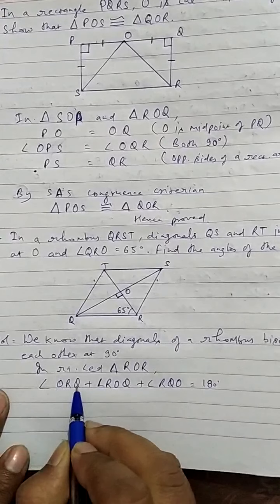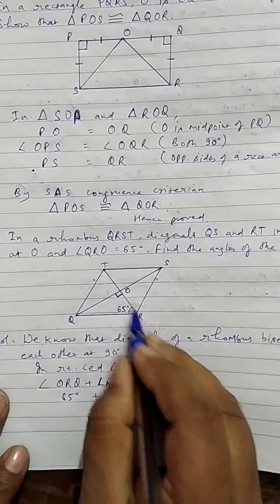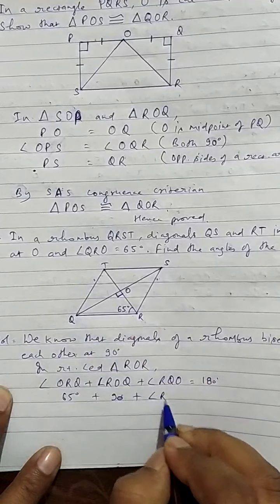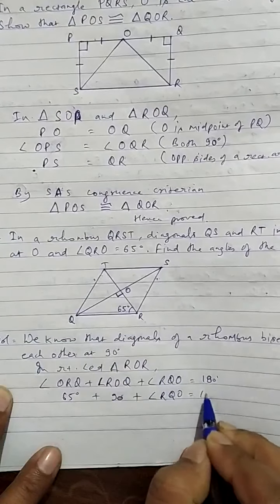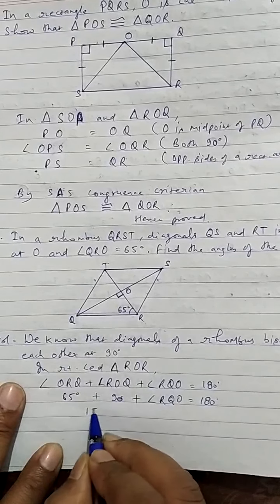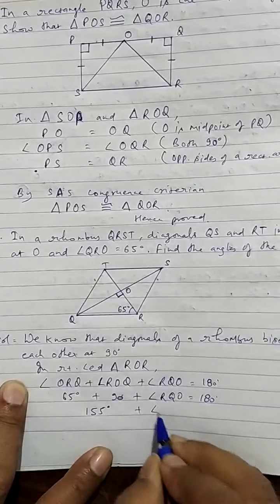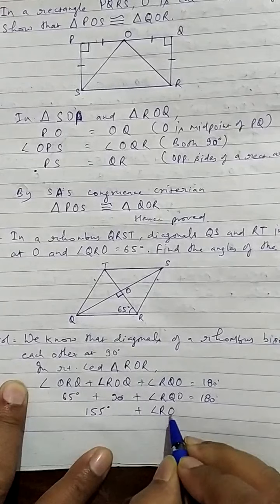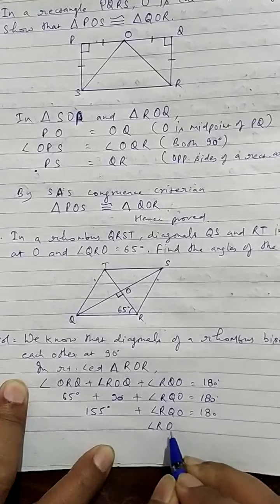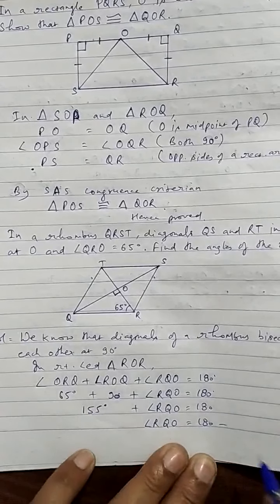Now ORQ is already given to us as 65 degrees, ROQ is 90 degrees, and we can easily find RQO now. Adding these two, we get 155. Angle RQO equals 180 minus 155.